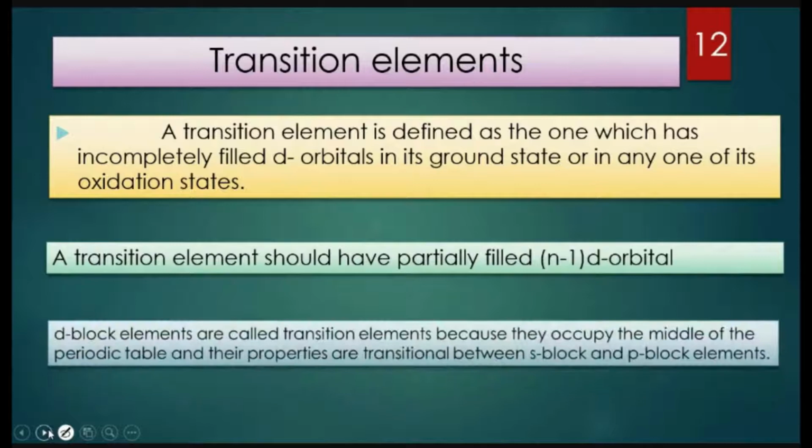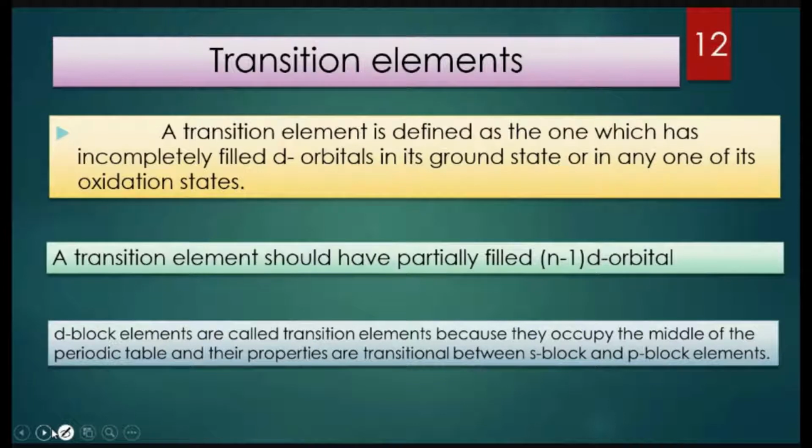Okay, so here, there is one more reason. Why are d block elements called transition elements? If you look at the periodic table where they have occupied which place, d block elements are called transition elements because they occupy the middle of the periodic table and their properties are transitional between s block and p block.